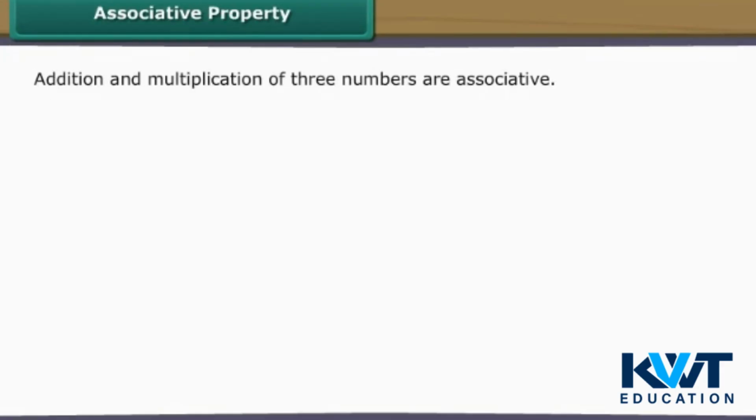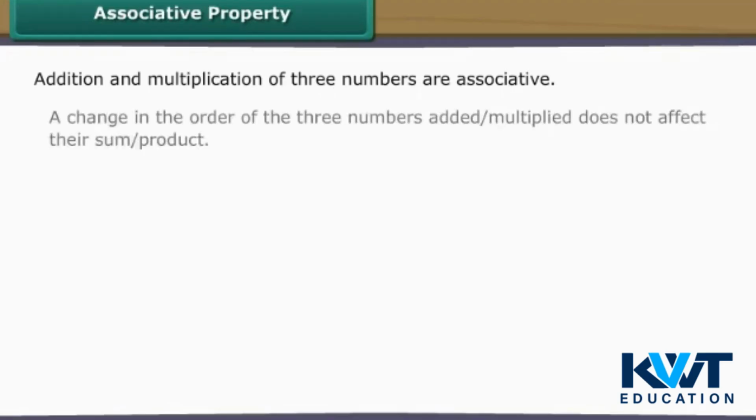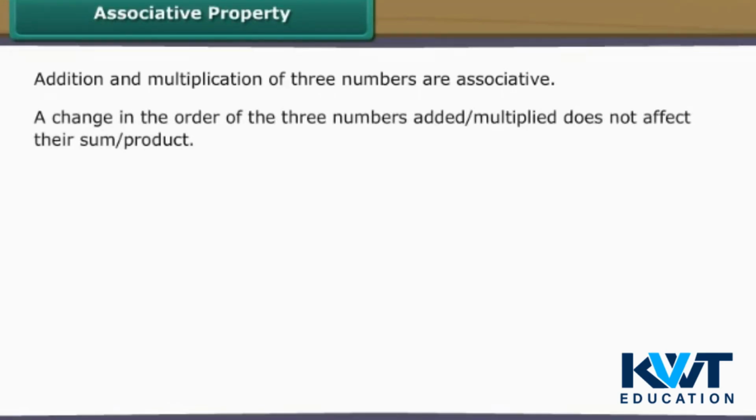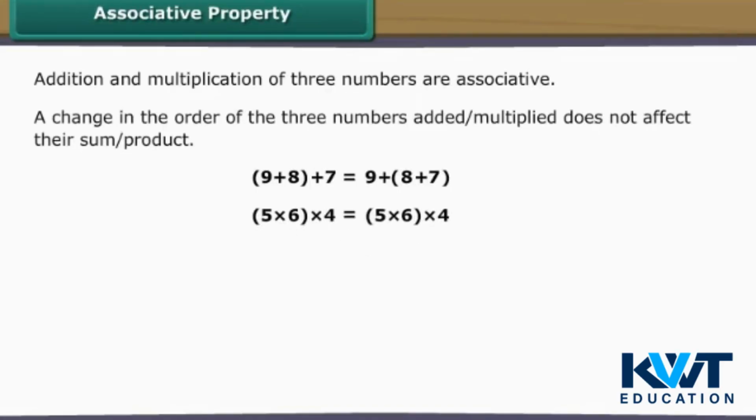Associative property. Addition and multiplication of three numbers are associative. In other words, a change in the grouping of the three numbers added or multiplied does not affect their sum or product. 9 plus 8 in brackets plus 7 is the same as 9 plus 8 plus 7 in brackets. 5 into 6 in brackets into 4 is the same as 5 into 6 into 4 in brackets.